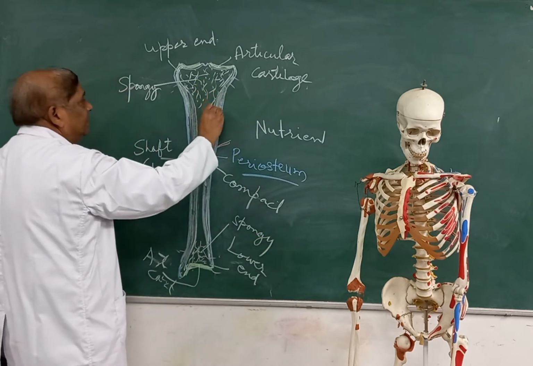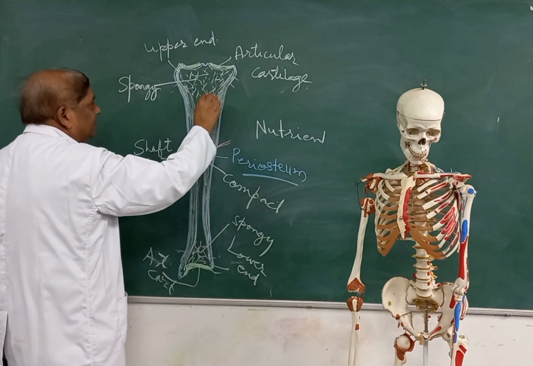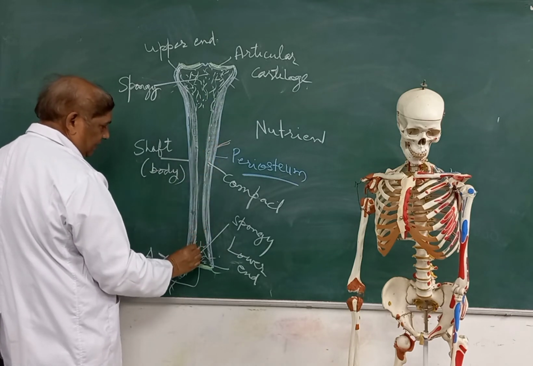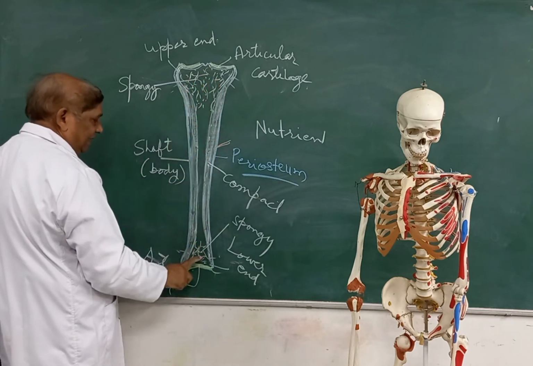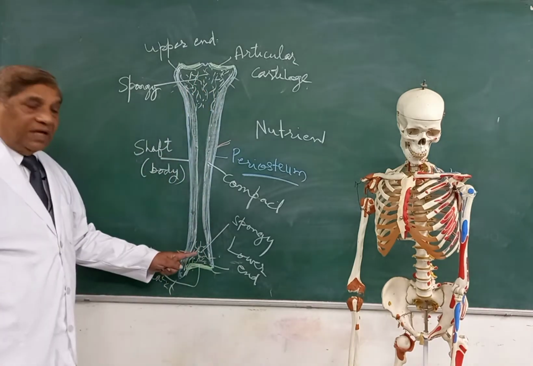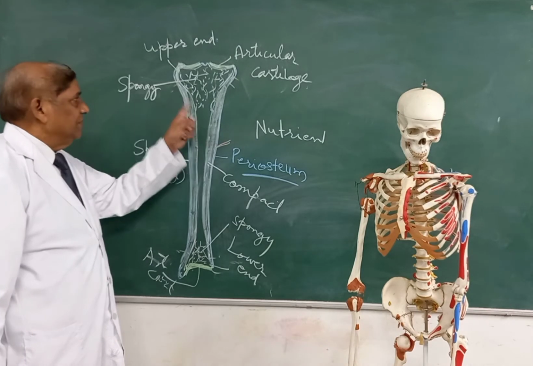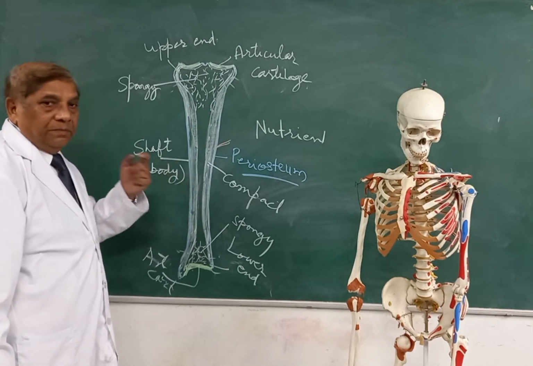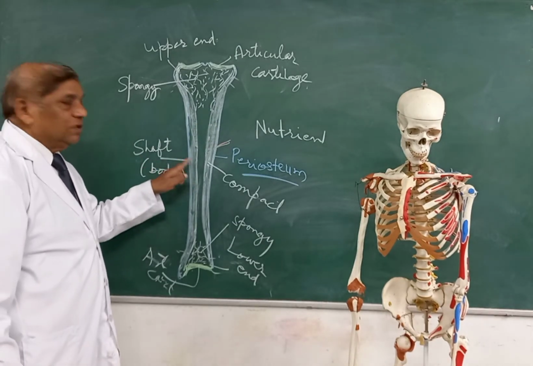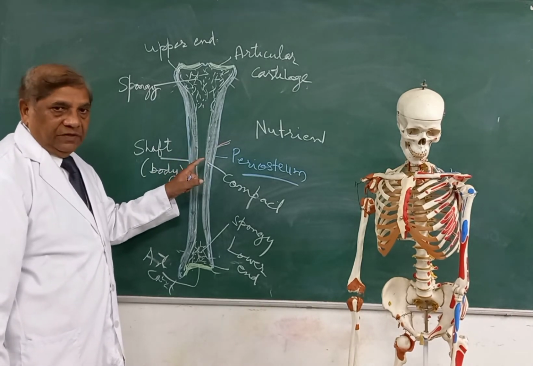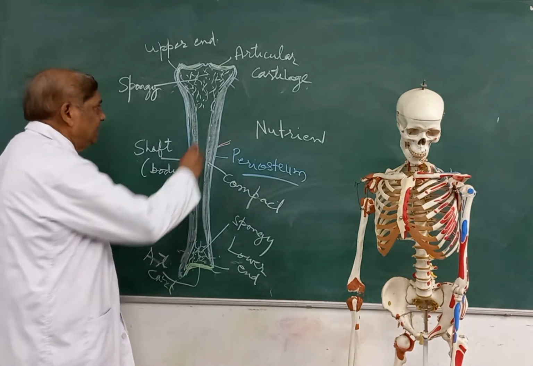This spongy bone continues with the compact bone. At the ends of the long bone you get spongy bone inside, while in the shaft you get thick bone that shows no spaces to the naked eye; it is compact, densely packed.